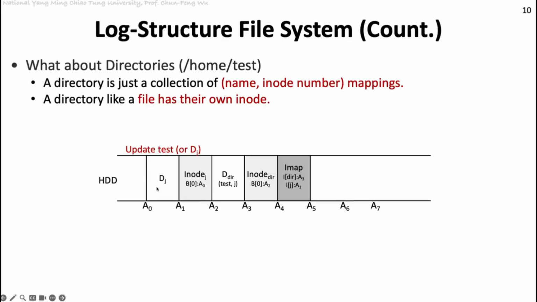If DJ becomes larger, we need to find another place to put it. According to the log-structured file system, we put it at the tail of the hard disk drive. So maybe it's here, DJ.